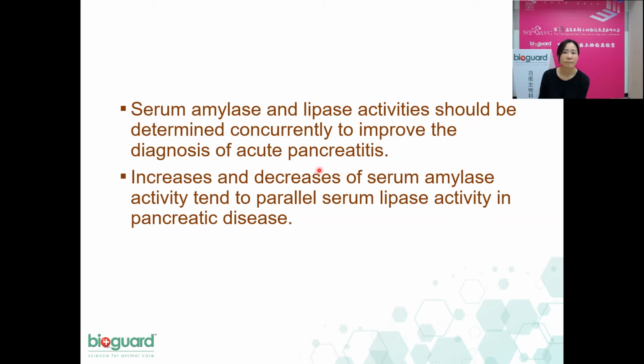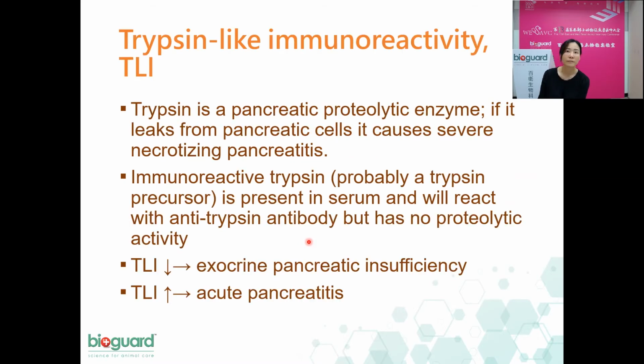So we highly suggest using amylase and lipase concurrently to improve the diagnosis of acute pancreatitis. If they increase or decrease in parallel, it will help us to further confirm our diagnosis of pancreatic disease, such as pancreatitis or EPI.